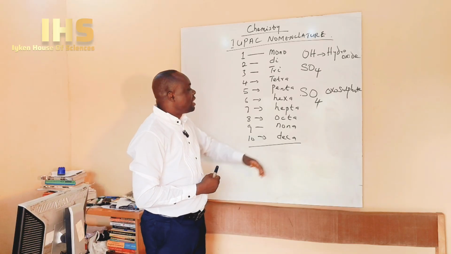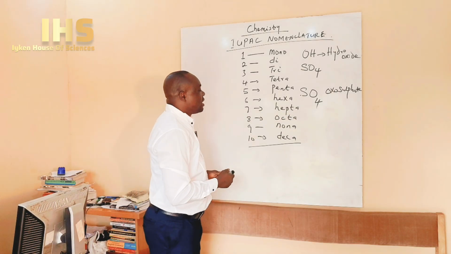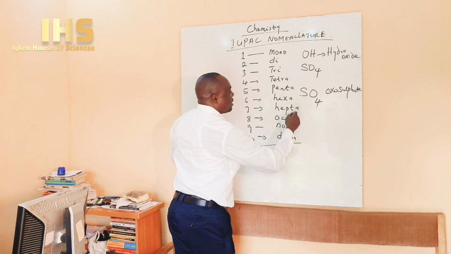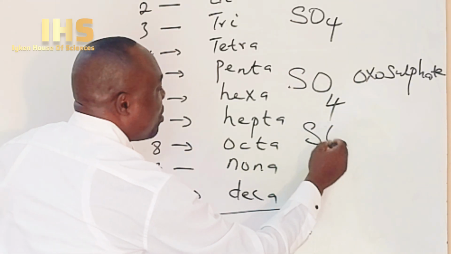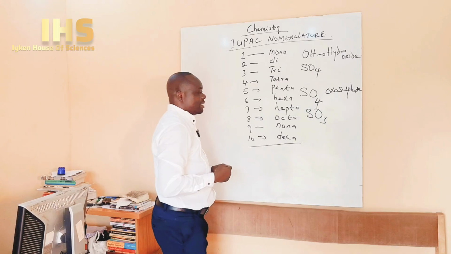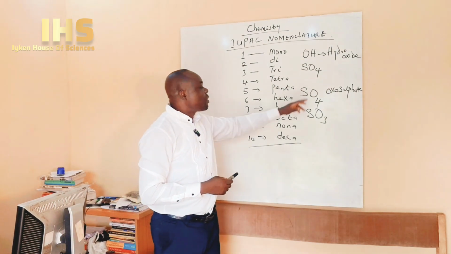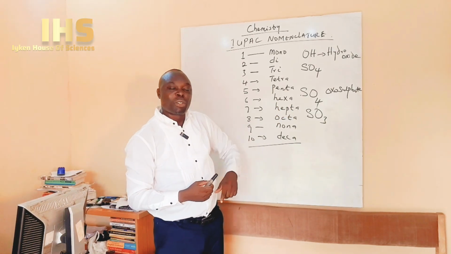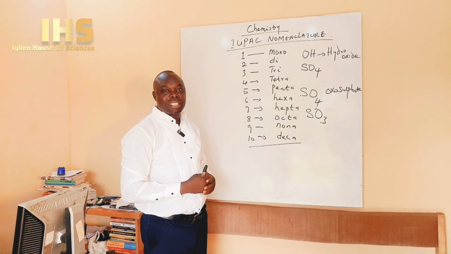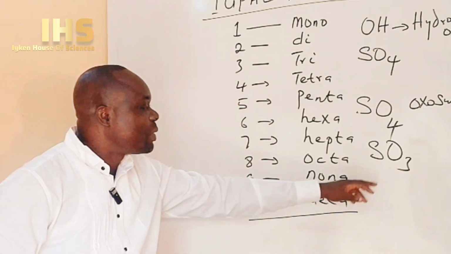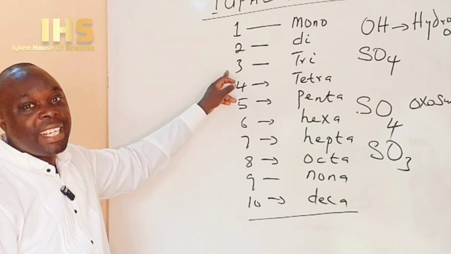If I write SO3, we know it is oxosulfate, but the chemist will like to know what is attached to it. So you go back to 3, and 3 is tri.